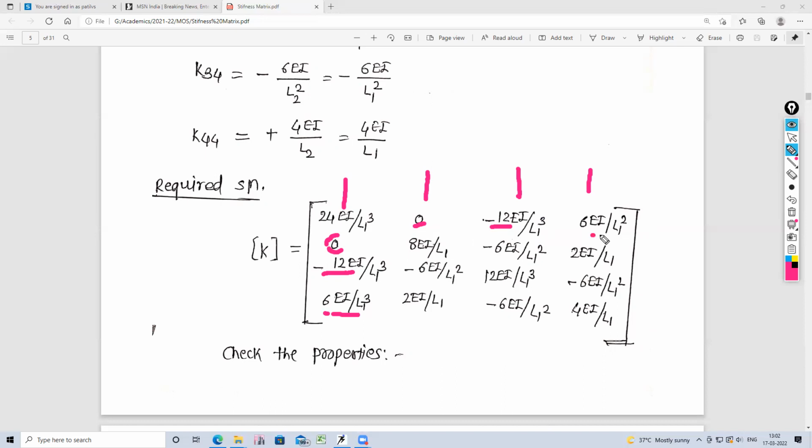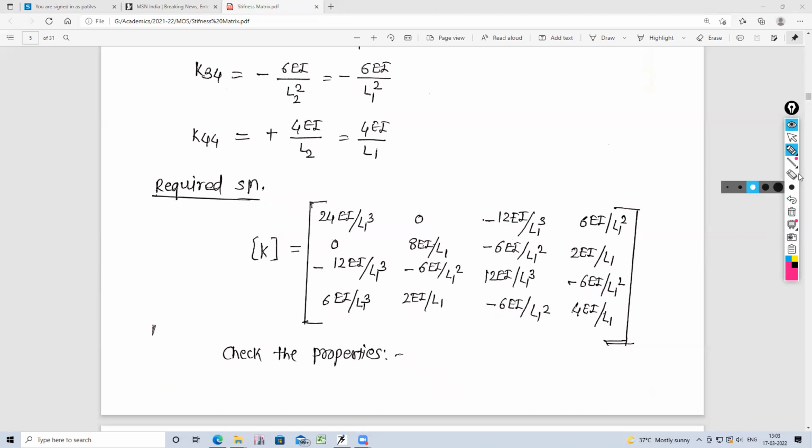K41 is equal to K14. These elements are the same. Again, K42, the fourth row, second column, is equal to this element. Then these elements and these elements. So all the elements match, it is a symmetric matrix. So the second property is also satisfied.